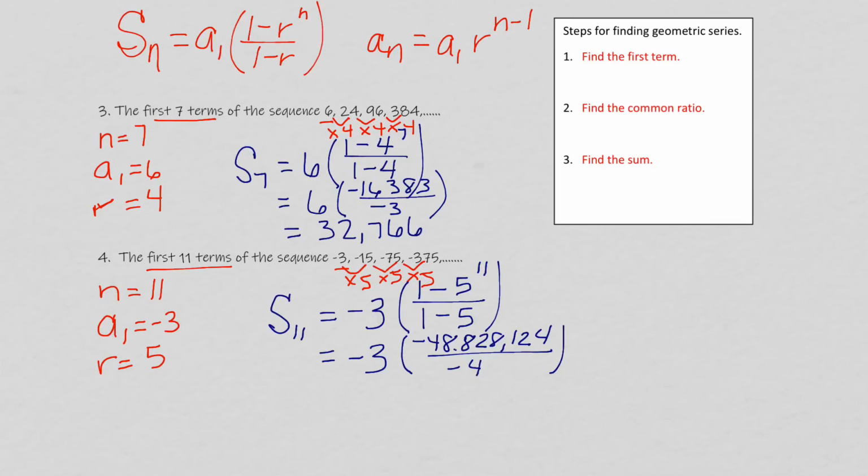When I divide that out and multiply it by negative 3, I'm going to end up with the summation of the first 11 terms being negative 36,621,093. So that's something you probably don't want to spend all day adding on your calculator. It'd be much easier to find the sum.